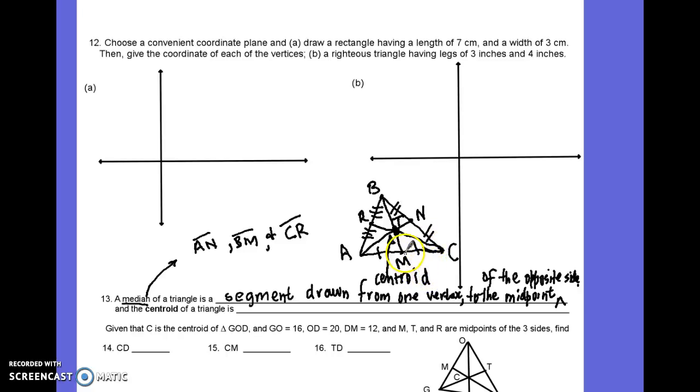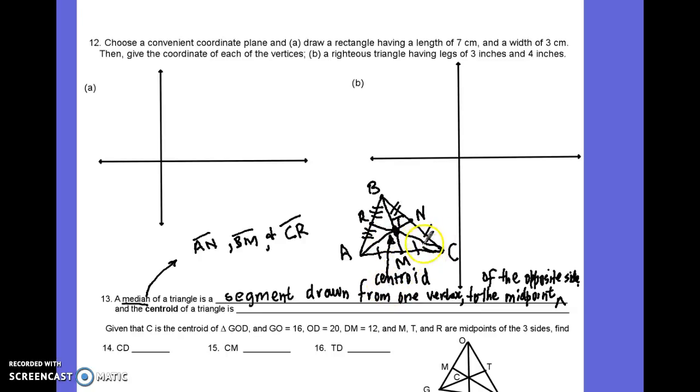It's a special point. If you put your pen or a very small point here, you can actually balance this. If you cut this shape out, you can balance it because all of the weight is centered here. It's called the center of gravity, and that's what the centroid is.